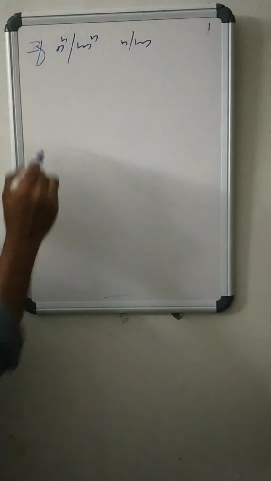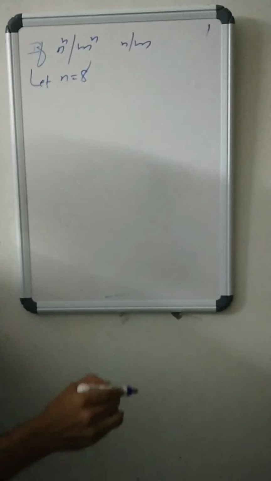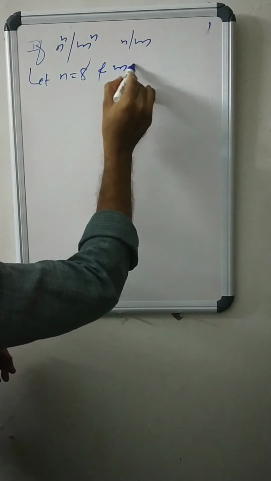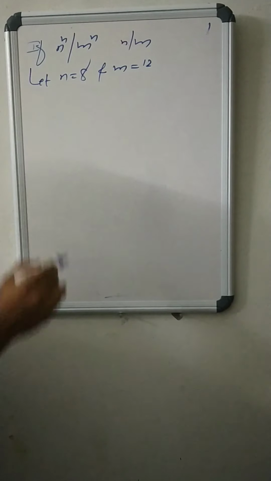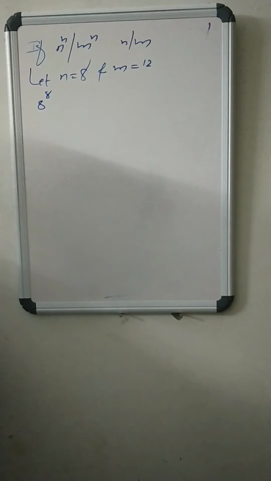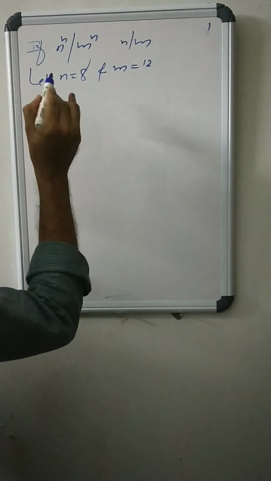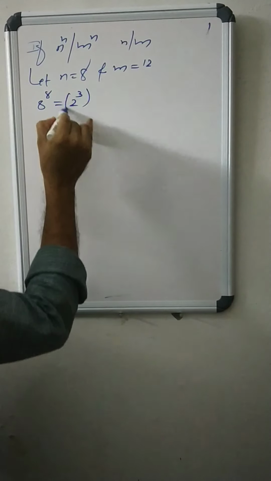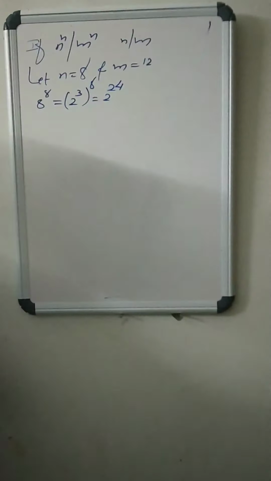So, let n equals 8 and m equals 12. What about 8 power 8? This 8 power 8 is nothing but, 8 means 2 cube, 2 cube all power 8 equals 2 power 24.